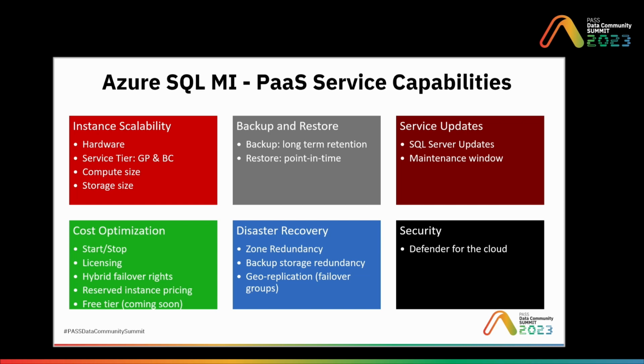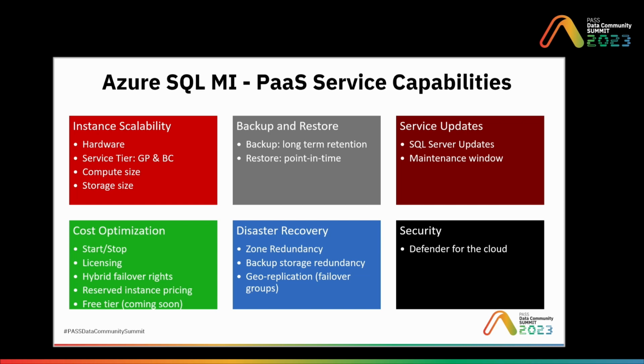Awesome. Anybody else interested in seeing how you can optimize costs? 1, 2, 3, 4, 5, 6, 7 votes for cost. Backups. How many votes do we get for backups? Who wants to see backups? 1, 2, 3. Backups, 3. Okay. Any other topics? We can start security.